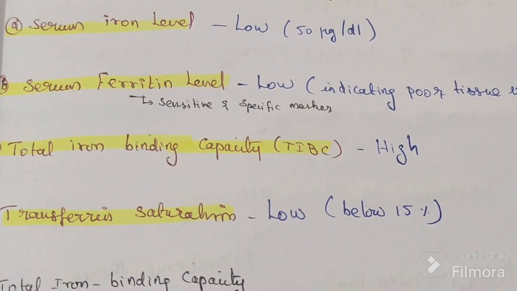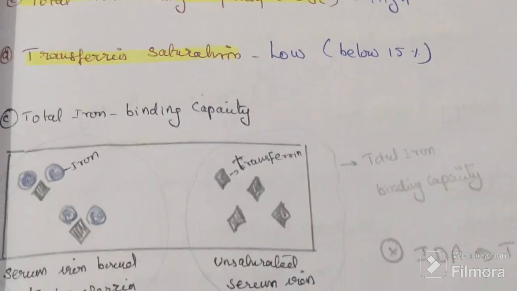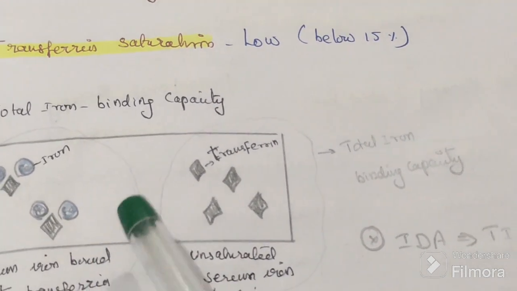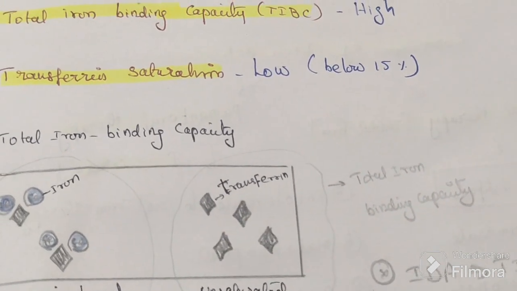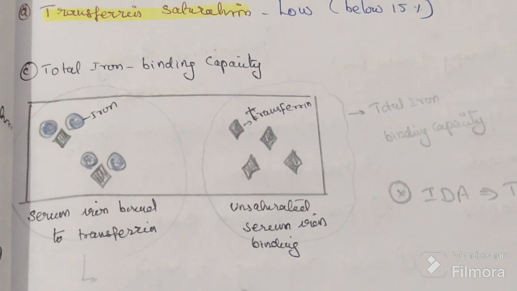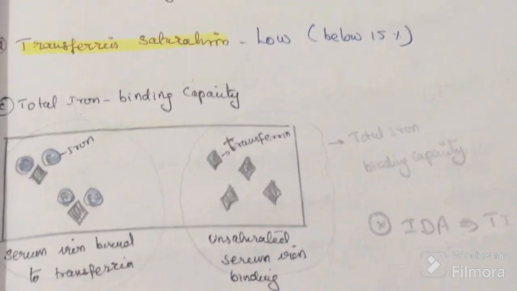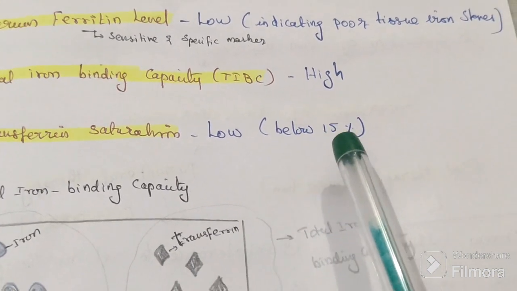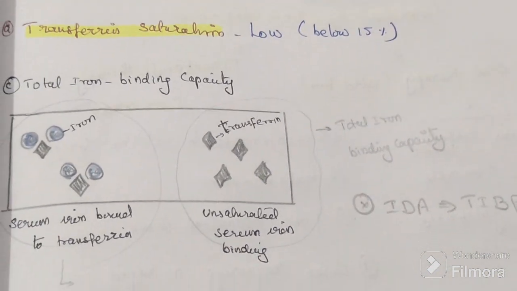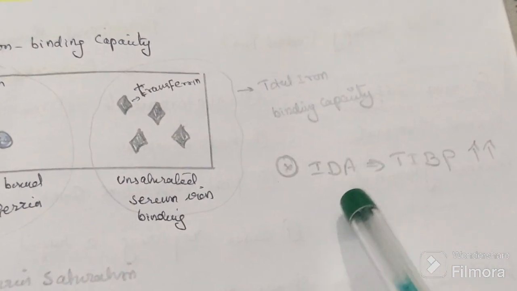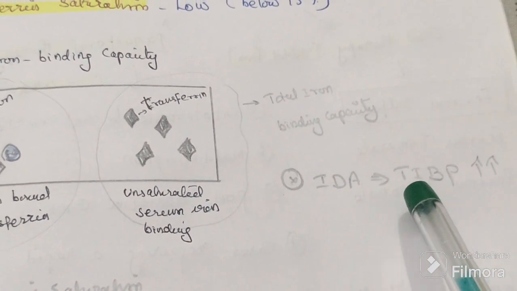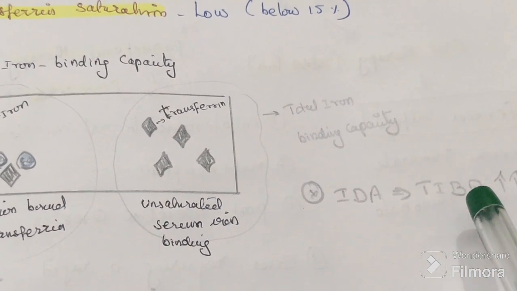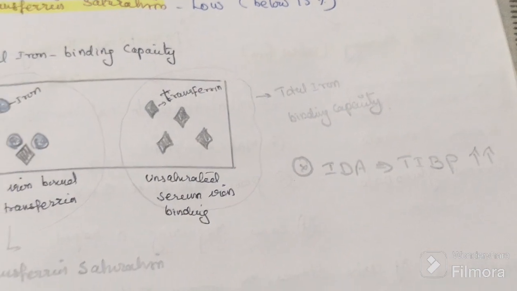The filled ones reduce and the empty ones increase. That is why transferrin saturation is low, and TIBC is increased.